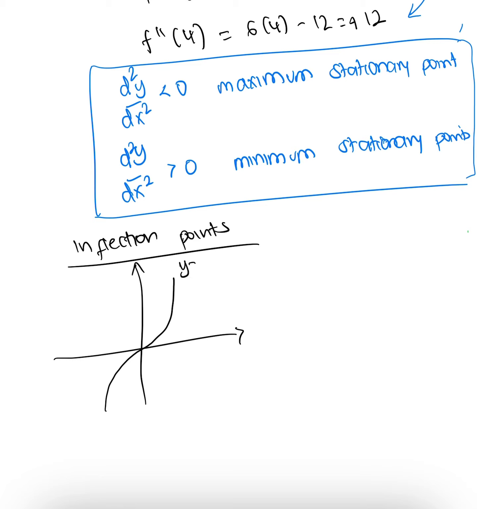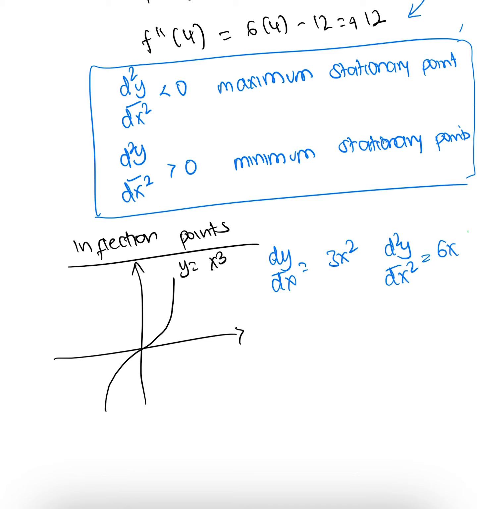This is y equals x cubed, right? So dy by dx of this is 3x squared. And d squared y over dx squared, so I differentiate again, is 6x. But what is peculiar about this? Does it have any stationary points? Does it have any maximum and minimums? Well, if you look at the curve, I don't see any maximum and minimums.